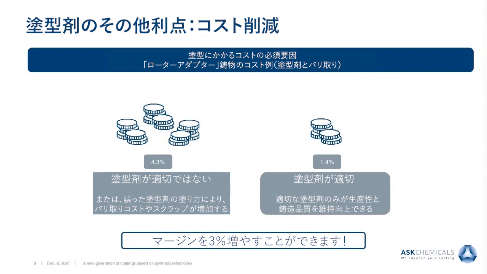If you apply a proper coating quality, you can have much less of these costs. So finally, we estimate that it would be possible for you as a foundry to get at least 3% more margin if you select a good coating instead of any coating.